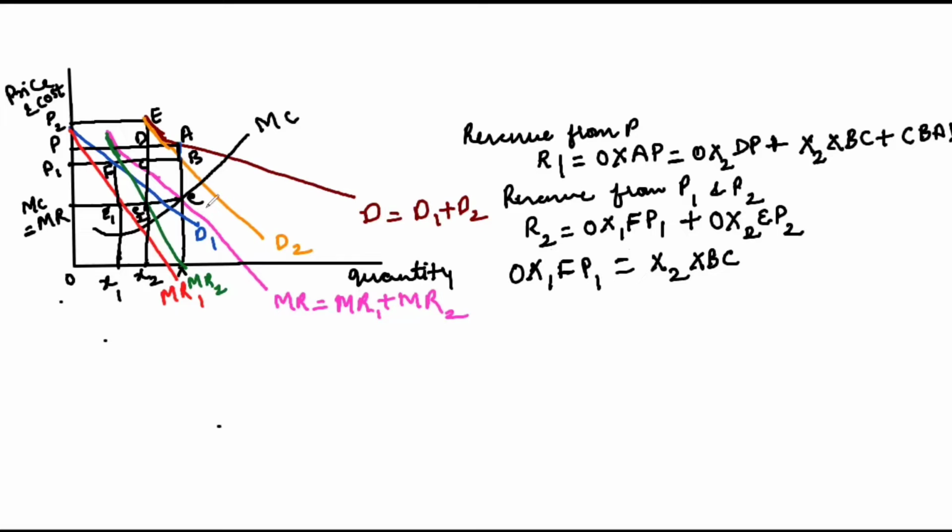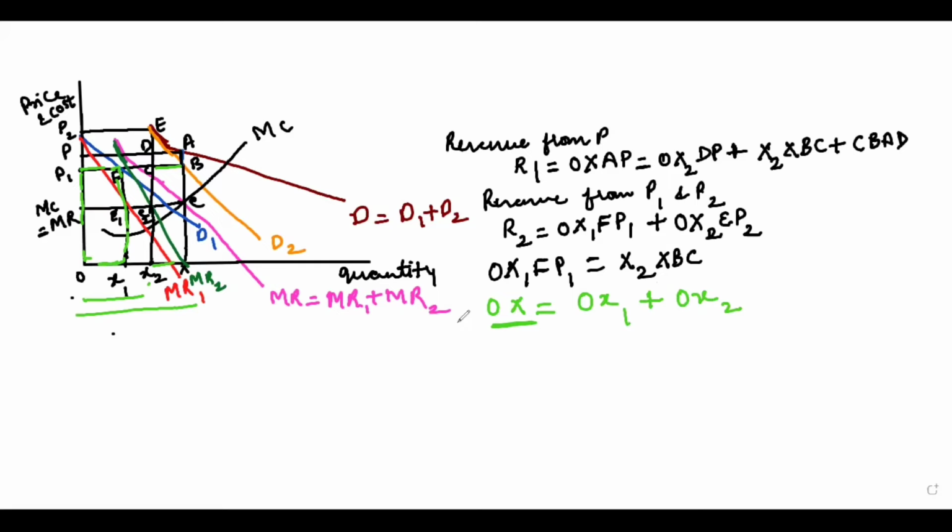Basically, we can write this whole area as equal to this portion X2XBC, as the total output is the sum of X1 and X2.